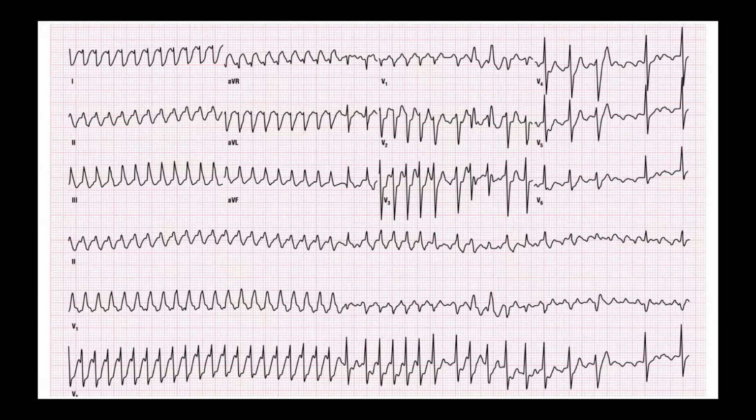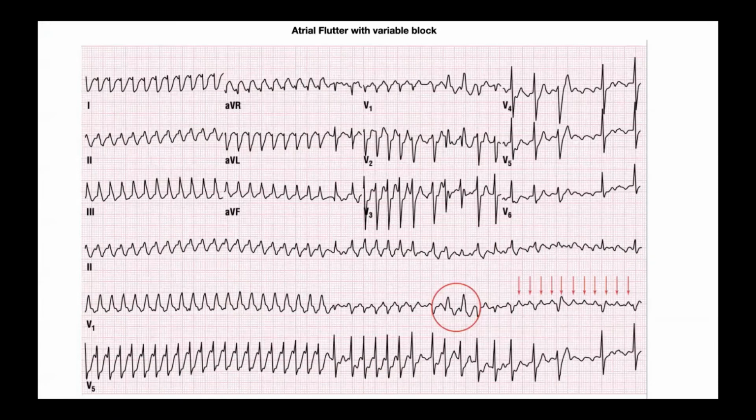Excuse me. أيوة تفضل. Regarding V1, the last, تقريبا, the last 2 beats, I think they are not aberrantly conducted. It changes the isoelectric line from negative to positive. This is BBB. You're talking about the QRS here? Yeah, QRS here, it's almost back to narrow.